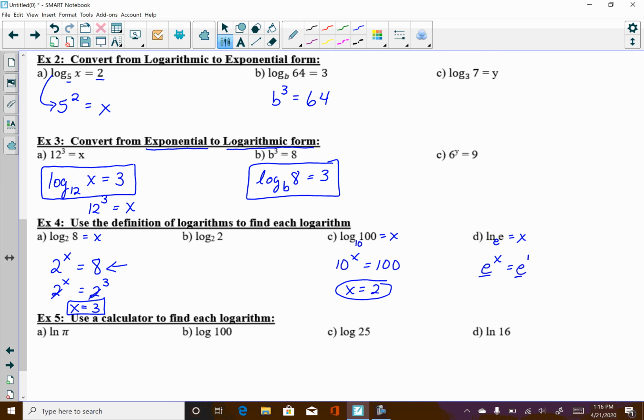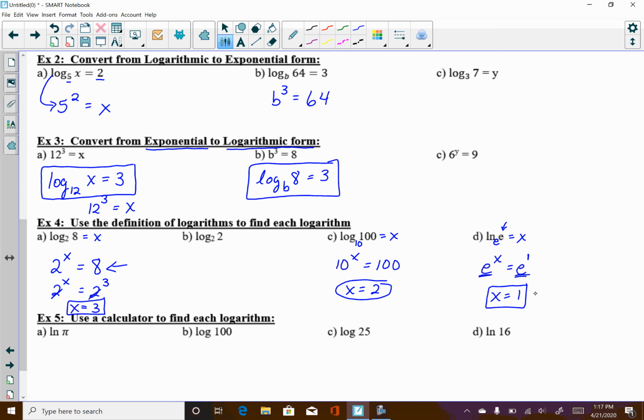So bases are the same, drop them, x equals 1. So natural log is always base e, so e to what power equals this argument here, which is just e, and I put a 1 up there on that exponent so that you could see it. Anytime you have the same base, drop those bases, set the exponents equal to one another, and solve. And here you're already solved, okay?